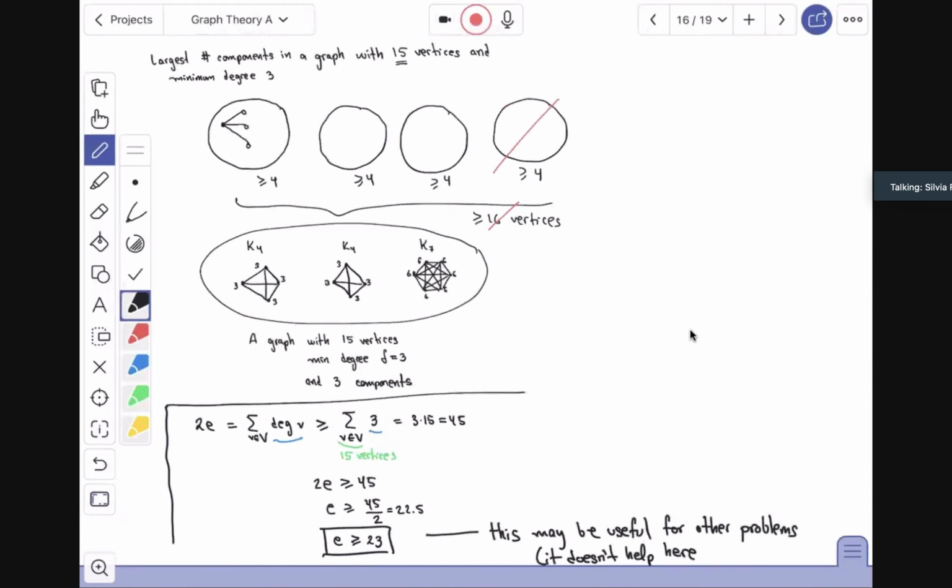Here I was asking you to bound the number of components, but if I had asked you to bound the number of edges, this is a proof that the number of edges is at least 23.